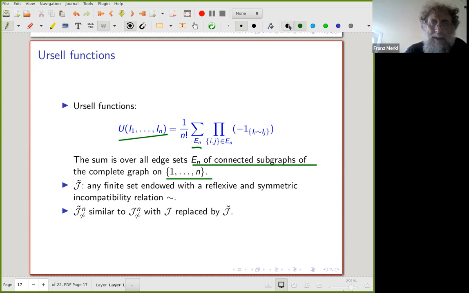So say you have 1, 2, maybe n is 4, 3, 4, then one such graph could be this one. So it's connected, having n equals 4. The product over all edges in this graph, here it's 4 edges in this example, of minus the indicator function that i and j are incompatible.